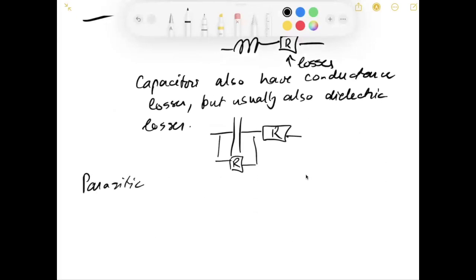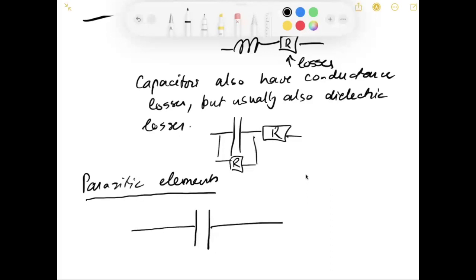Now, parasitic elements. So let's say I have a capacitor and I'm trying to drive a really high frequency circuit current through it. So it goes back and forth. Usually at some frequency, I need to start including that wires have inductance.